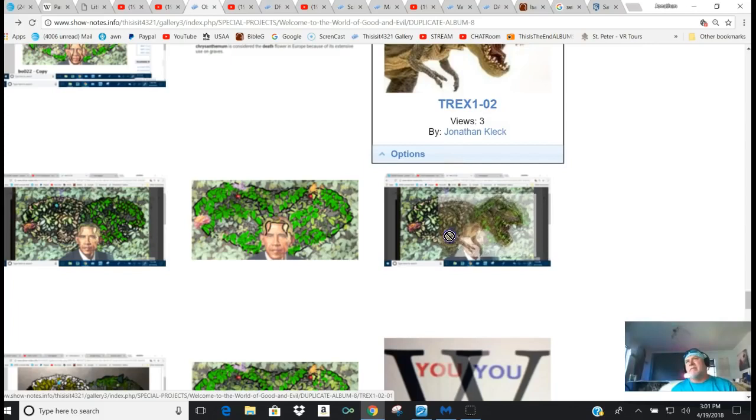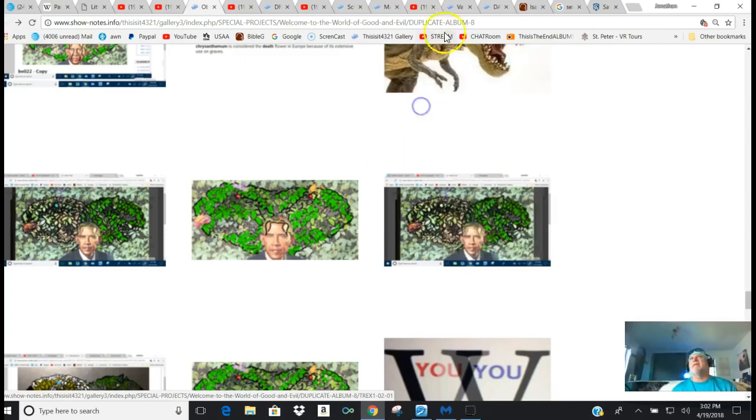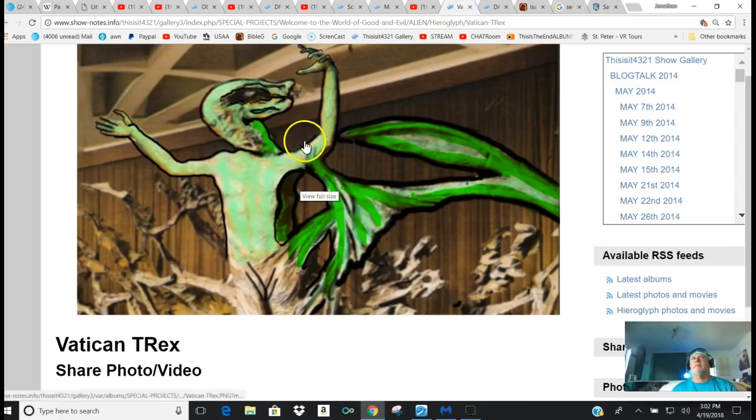Tyrant Lizard King, does anybody know? What's coming out of the pit? A fiery flying serpent. Sure looks like a raptor type creature with wings.